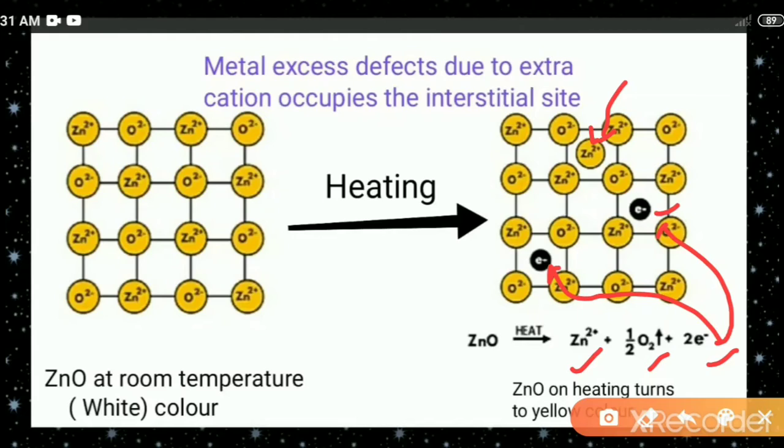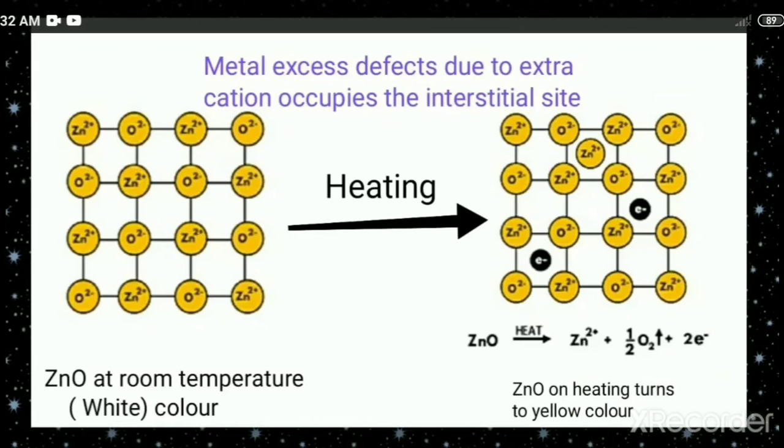So here also electrons undergo excitation, and because of the excitation of the electron trapped in the interstitial site, it gives a color. That is when an extra cation enters the interstitial site.